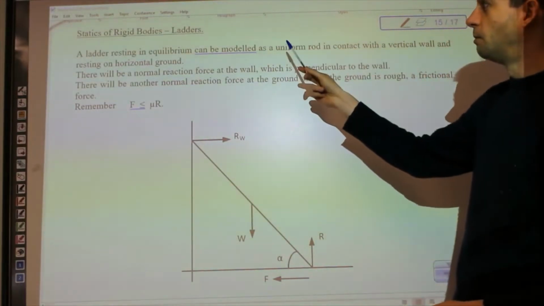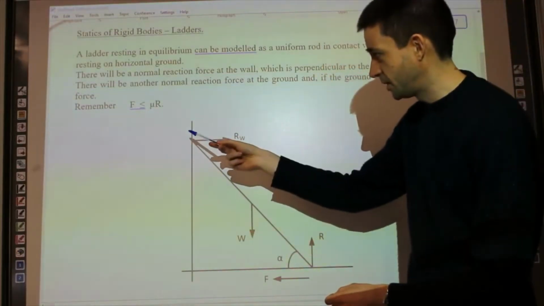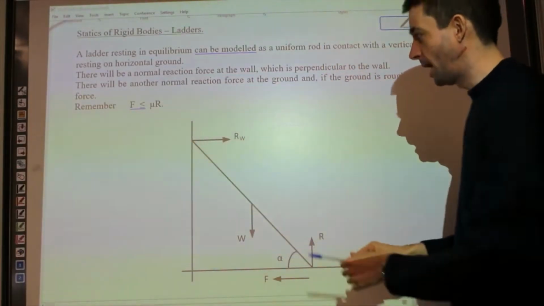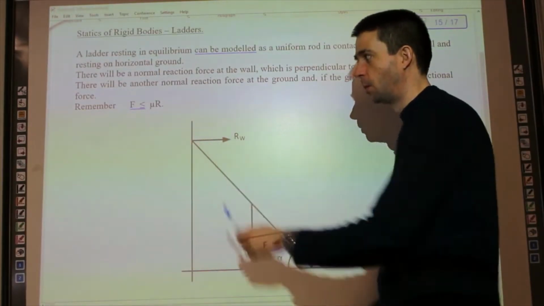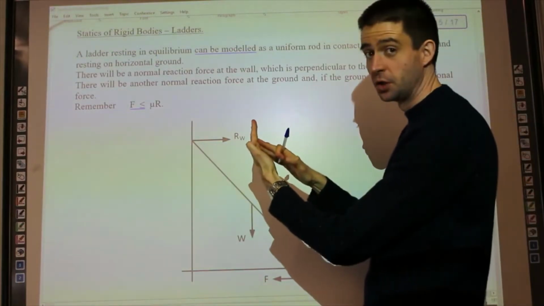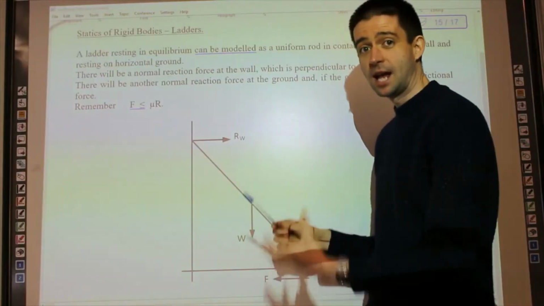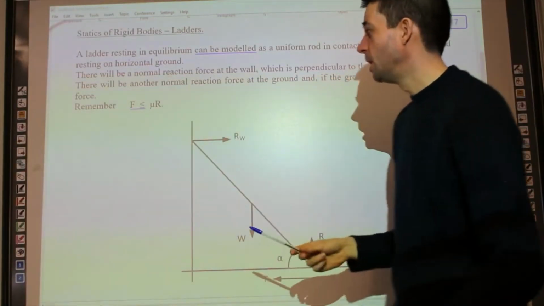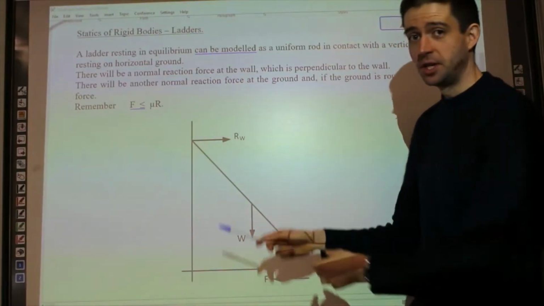Generally speaking, we will model the ladder itself as a uniform rod, but because there is contact with the vertical wall, we will get a reaction force perpendicular to the wall, where the wall is pushing back on the ladder because the ladder is exerting force on the wall, which exerts an equal and opposite reaction force on the ladder. So we have two different reaction forces to consider in this model.